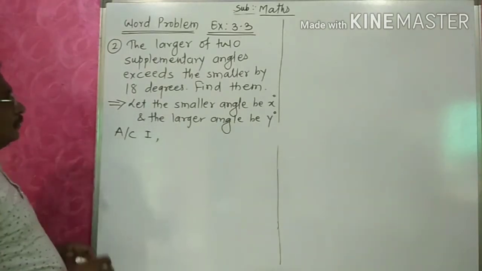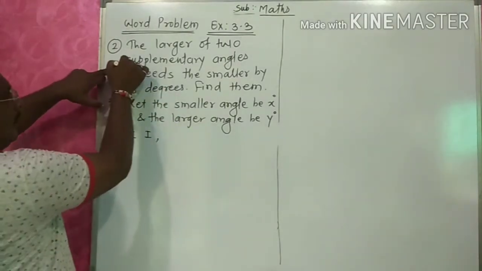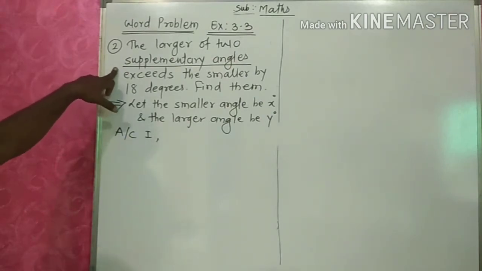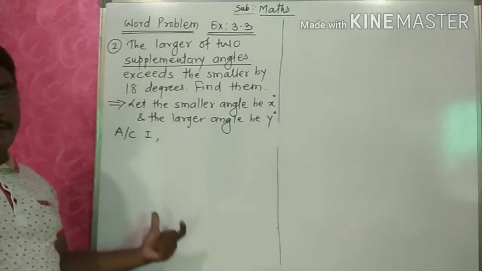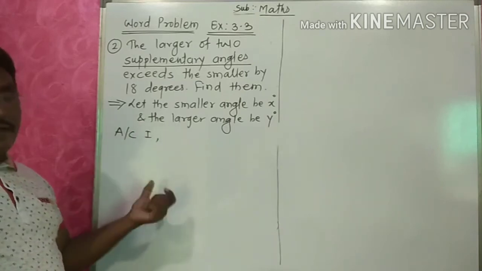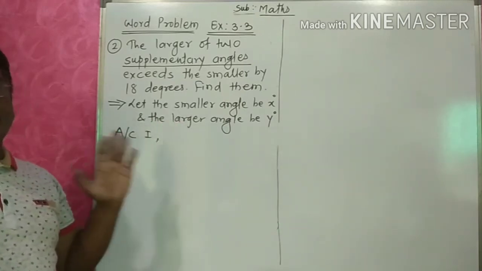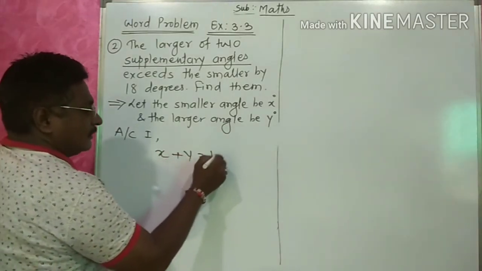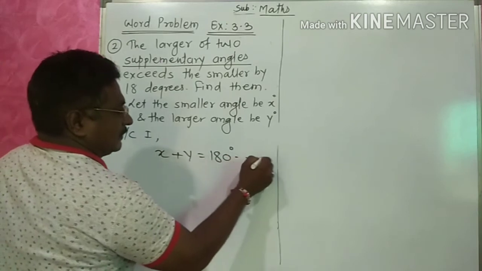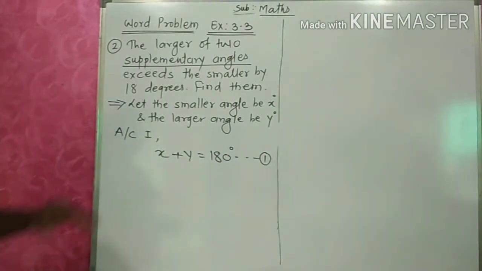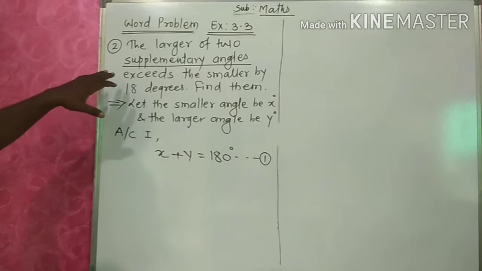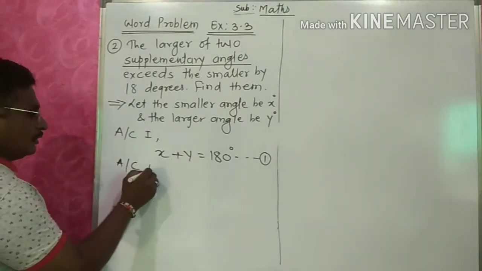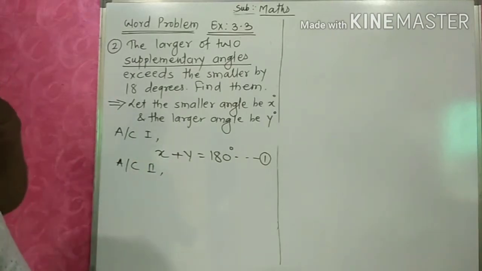Now the first condition, condition 1. How are the angles? Supplementary angles. What is the meaning of supplementary angles? Angles whose sum is 180 degrees. Means x plus y equals 180 degrees. Equation number 1. Now the second condition. According to condition 2, what is given?